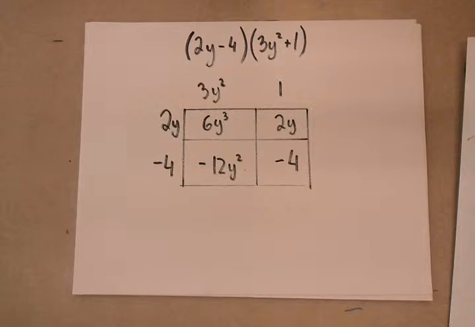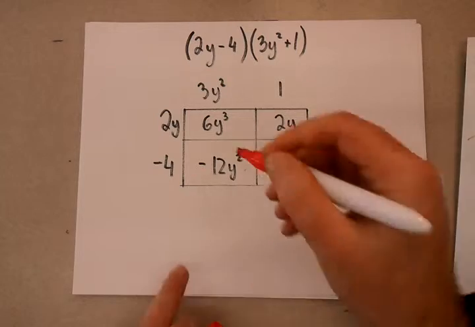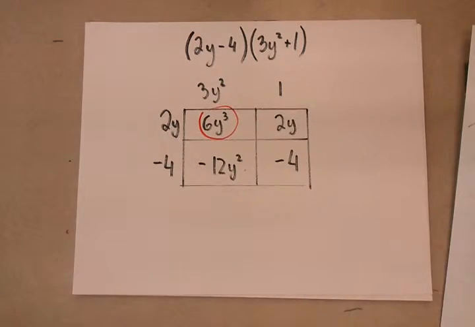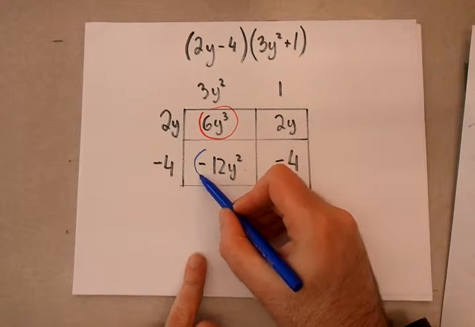So once that's all done, you're going to go ahead and look to see if you have any degrees of monomials that are in common. So here I have a third degree monomial, and it's the only one of its kind. Here I have a second degree monomial.